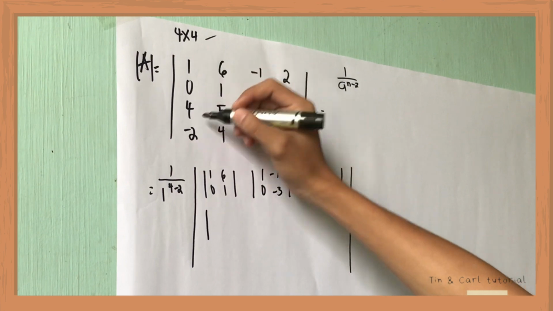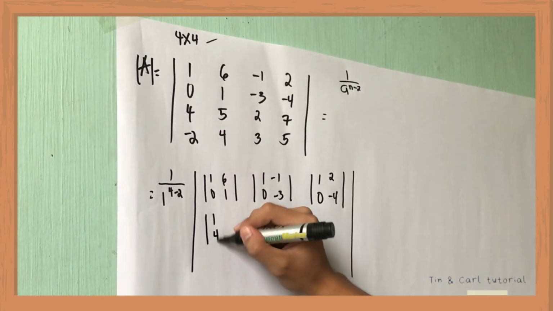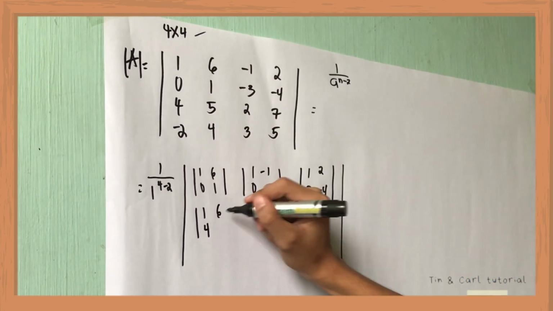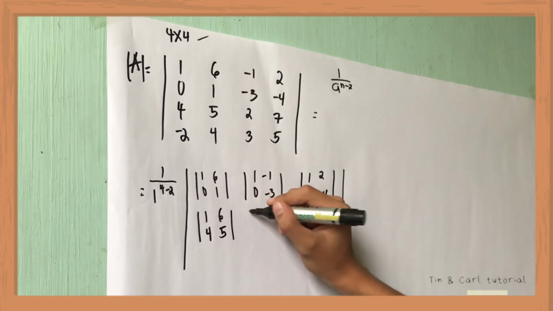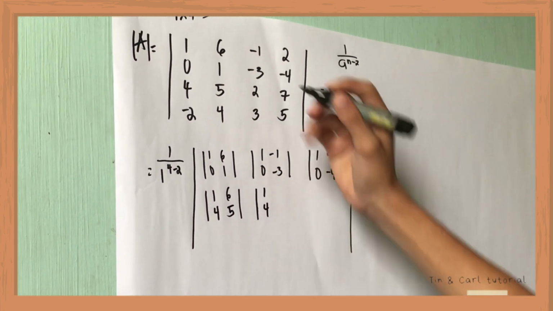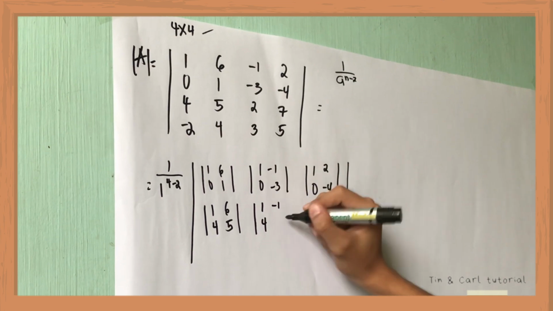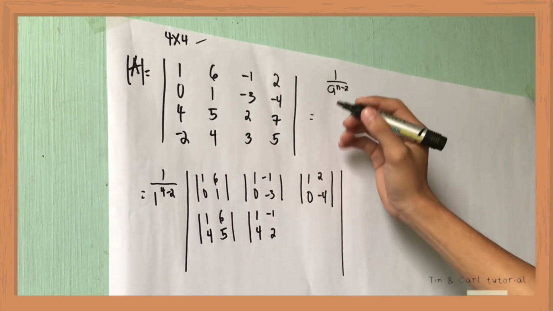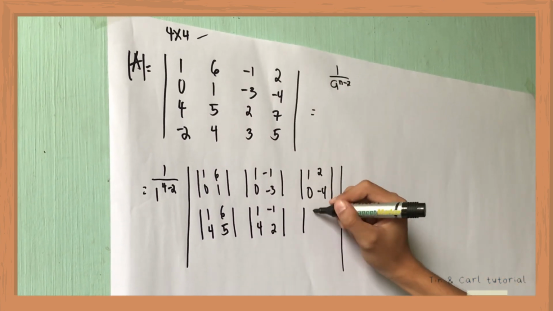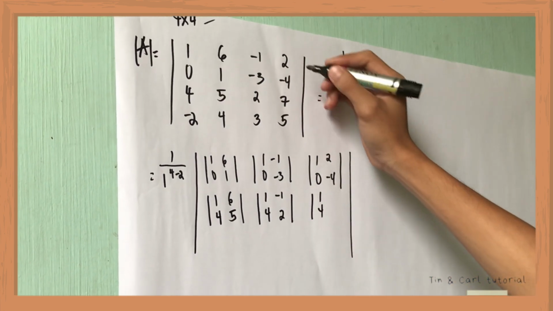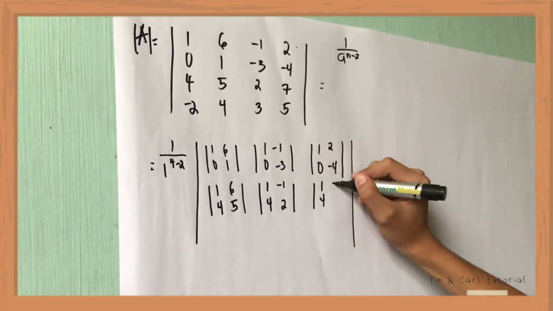So, yung first row and third row naman. So, 1, 4, 6, and 5. 1, 4, negative 1, and 2. 1, 4, 2, and 7.